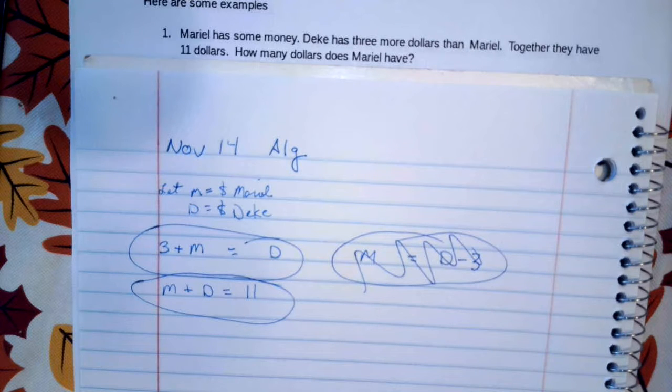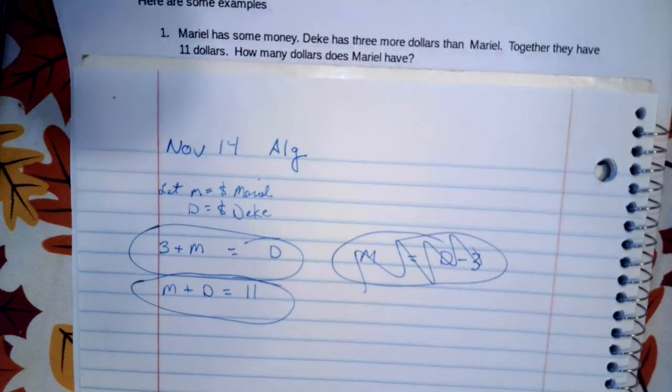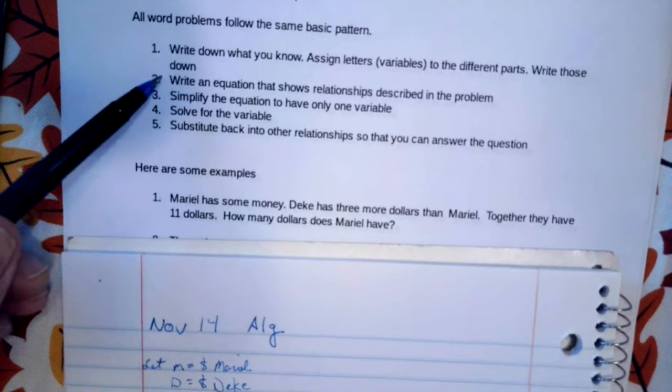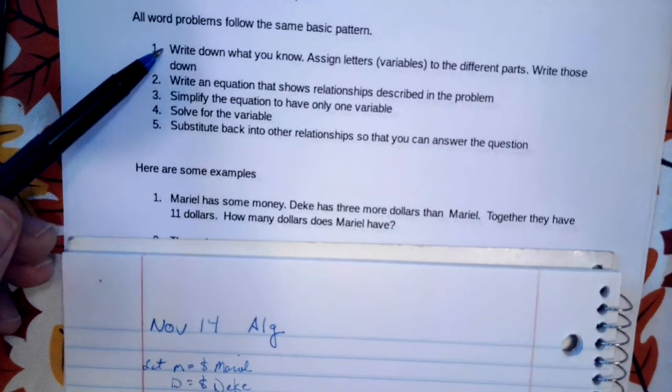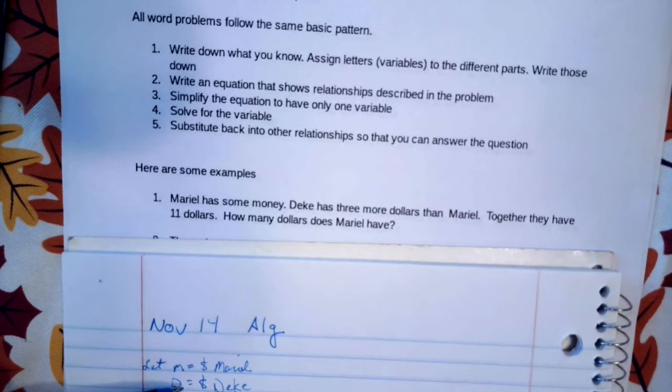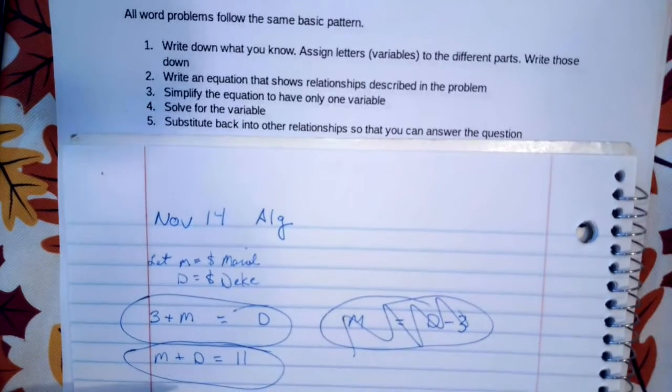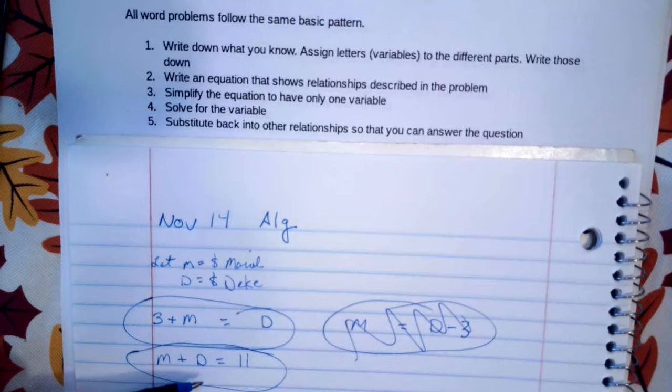So now I go to the third step: simplify the equation to have only one variable. I'm going to slide this down here so you can see it. 1, write down what you know, assign letters. Did that. Next, write an equation that shows relationships. Well, I have 2 equations. Number 3, simplify the equation to have only one variable.